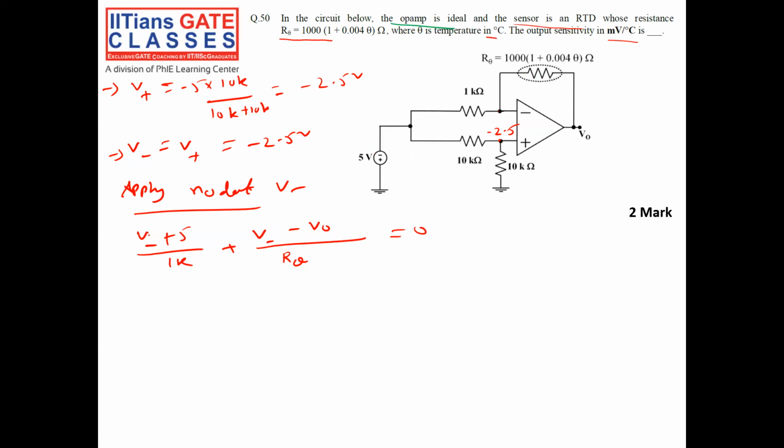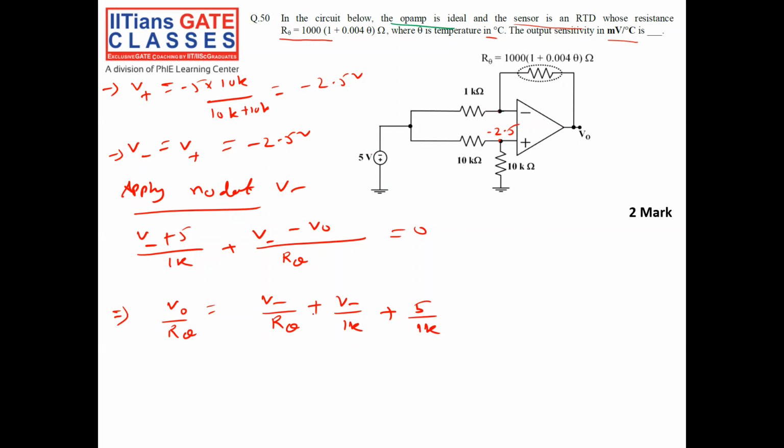So V negative minus 5, meaning plus 5 by 1k, plus V negative minus V0 by R theta, is equal to 0. This implies V0 by R theta equals V negative by R theta plus V negative by 1k plus 5 by 1k, right?